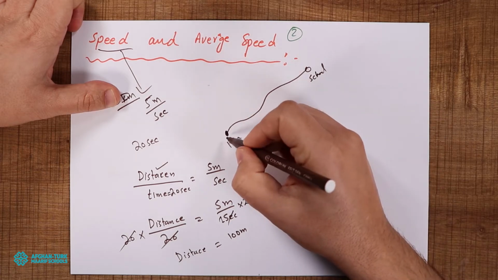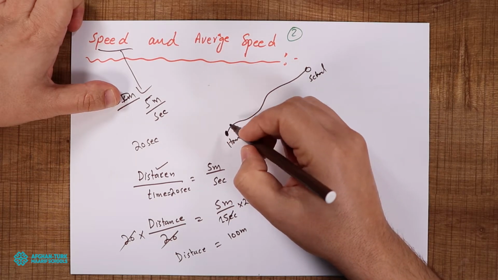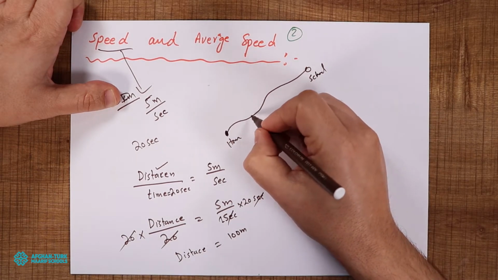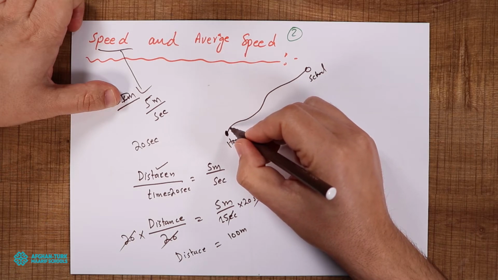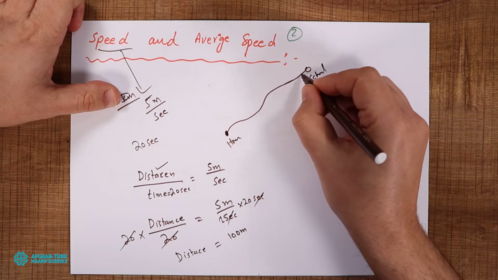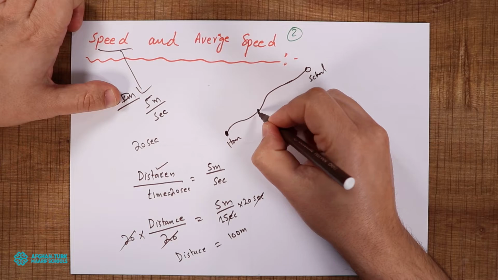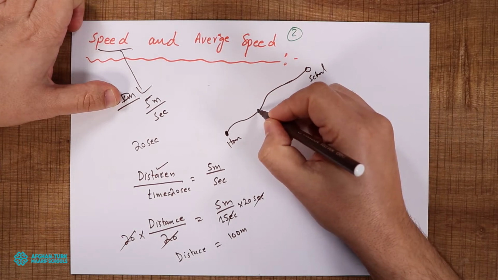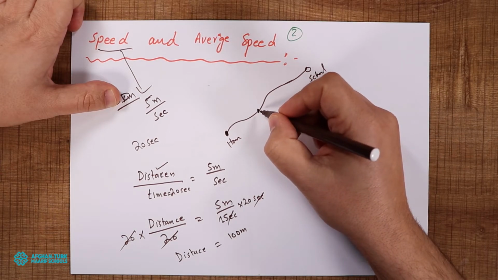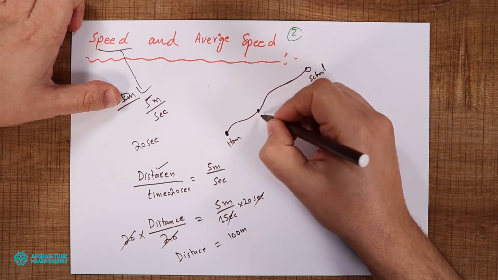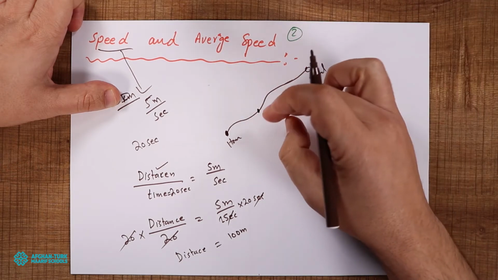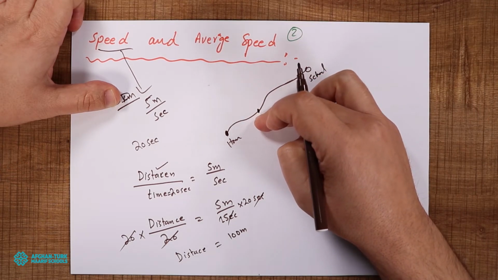Sometimes when we go from home toward school, we cannot continue the speed continuously. Sometimes we get stuck here and stop the motion because of rush or any other reason. So the time still runs, but the motion has stopped.